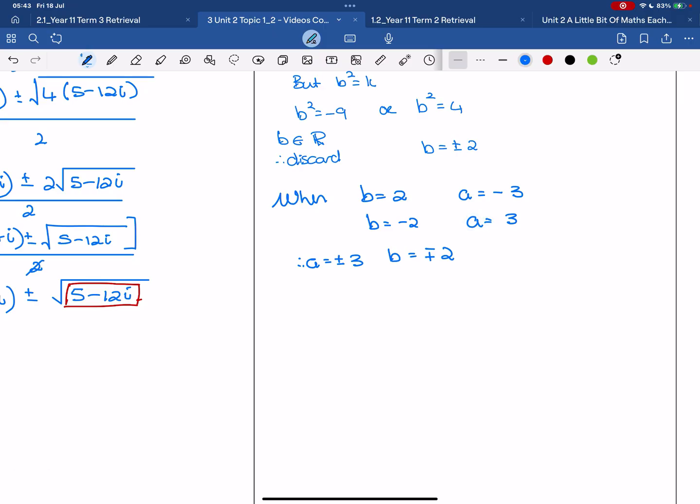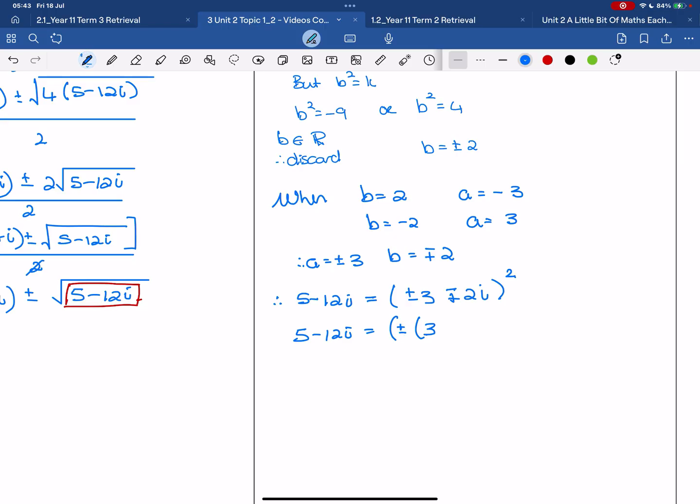Okay, where am I going with this? So now I can say, well, therefore, 5 minus 12i can be rewritten as (plus or minus 3 minus plus 2i) all squared. Now that looks really funny, okay? But if I take a plus and a minus outside of this bracket to simplify things, if I keep my positive 3 there, if I multiply the plus in, I get a plus 3.